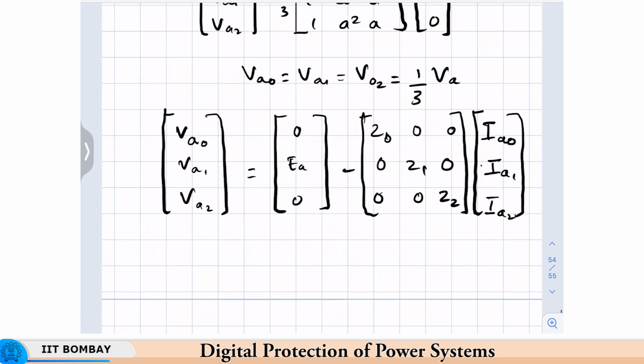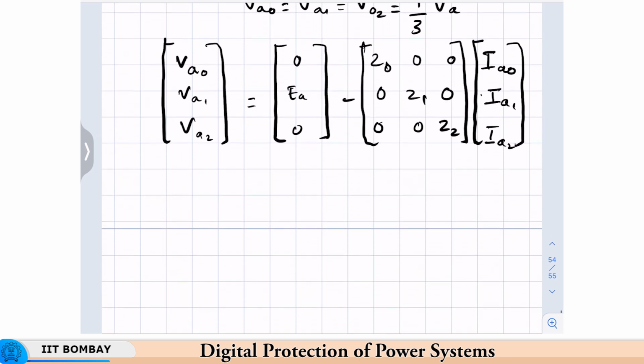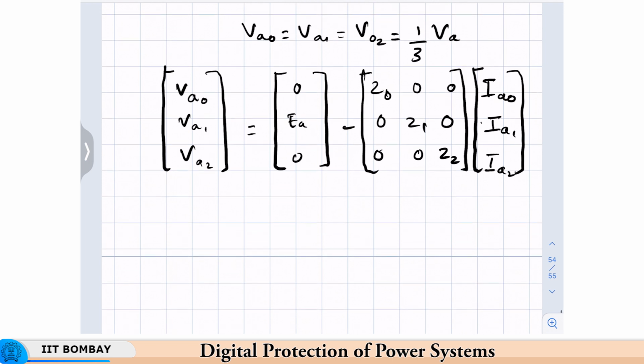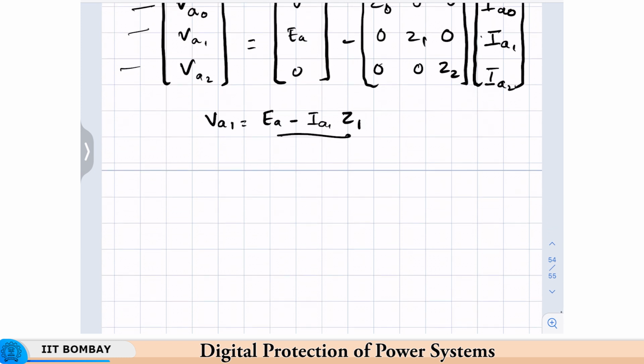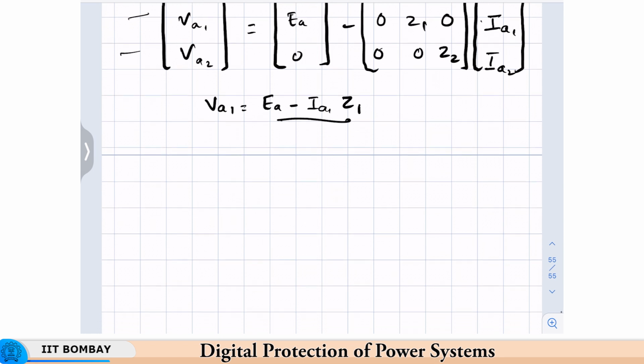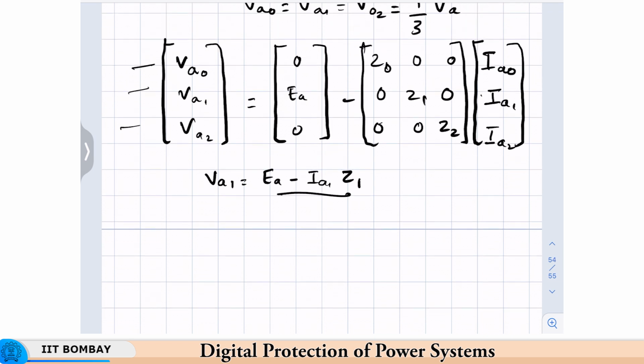Now what we will do here is, since all the three sequence voltages are equal, we will substitute the VA1 value for all of them. Once we have done that, we will pre-multiply both sides by Z inverse.